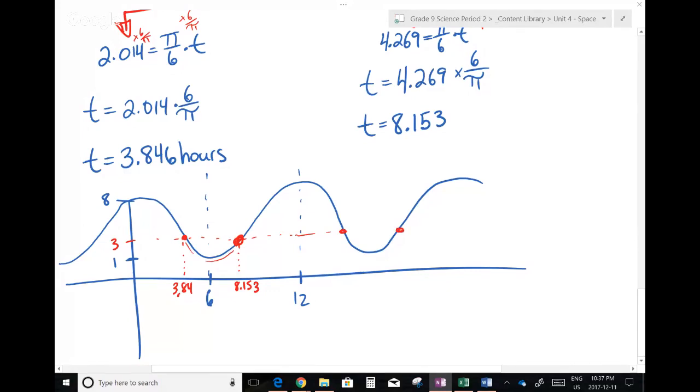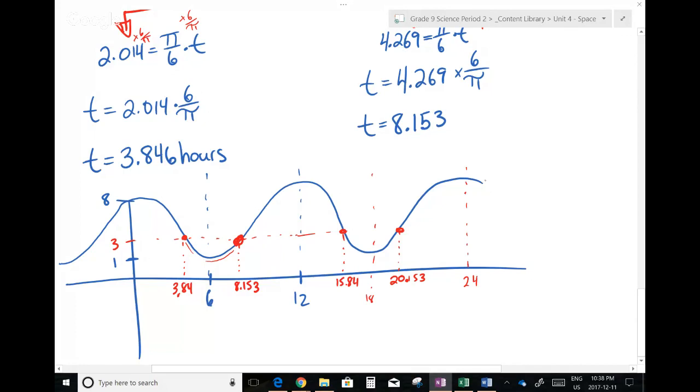And of course, because this one cycles out to 12, this next cycle will be at 3.84 more than 12, which is 15.84. And then this will be at 8.153 more than 12, which would be 20.153. And so on and so forth. That should be 18 seconds, that should be 24.